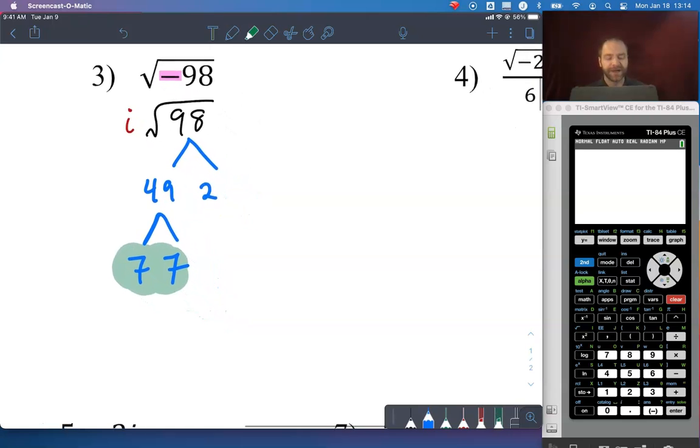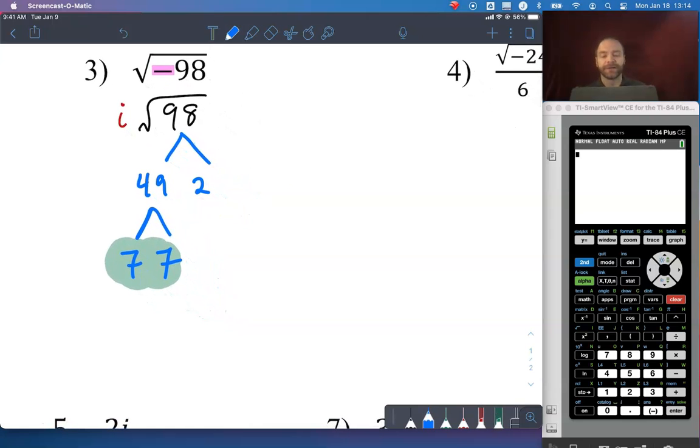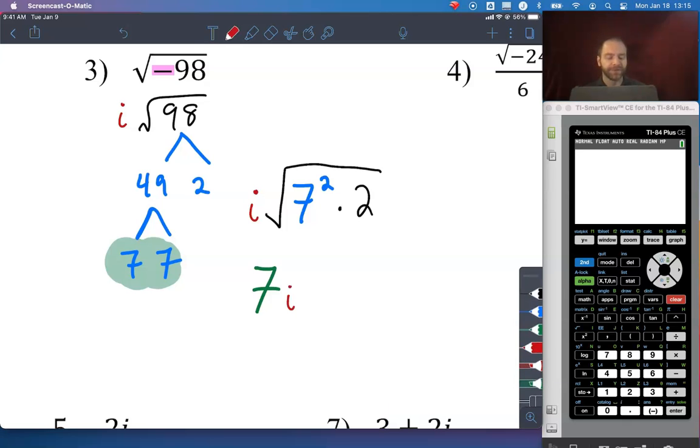It's because I can rewrite it as 7 squared times 2 inside the radical and still have that i on the outside. Well, the radical and the 7 squared are going to cancel each other out, and I'm just going to be left with a 7 and an i on the outside. The radical and the 2 are not going to cancel each other out, so it's going to stay on the inside. So that is that one.